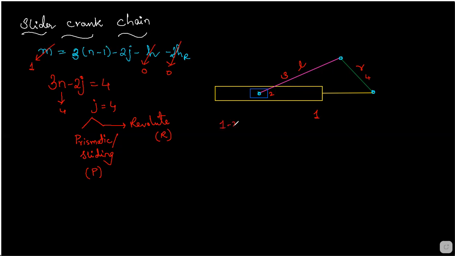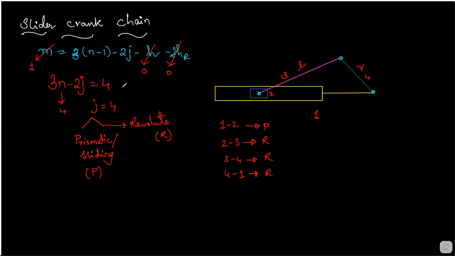Between link 1 and link 2 we have a sliding pair, which is a prismatic pair. Between link 2 and link 3 we have a revolute pair. Between 3 and 4 you have a revolute pair, and between 4 and 1 you have a revolute pair again. So in total there are 3 revolute pairs and 1 prismatic pair.